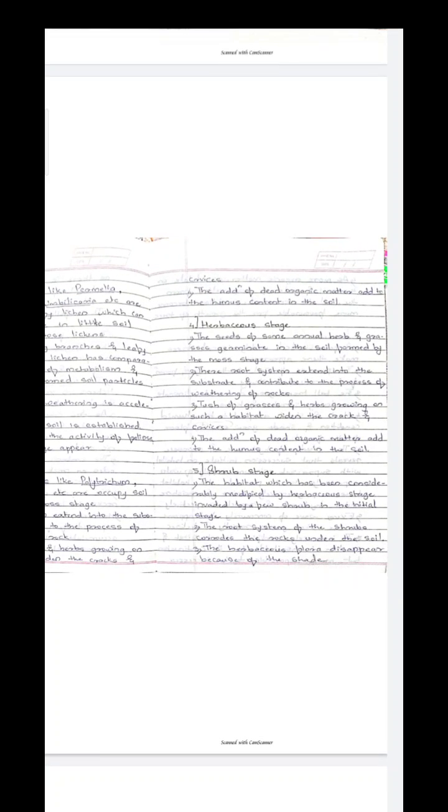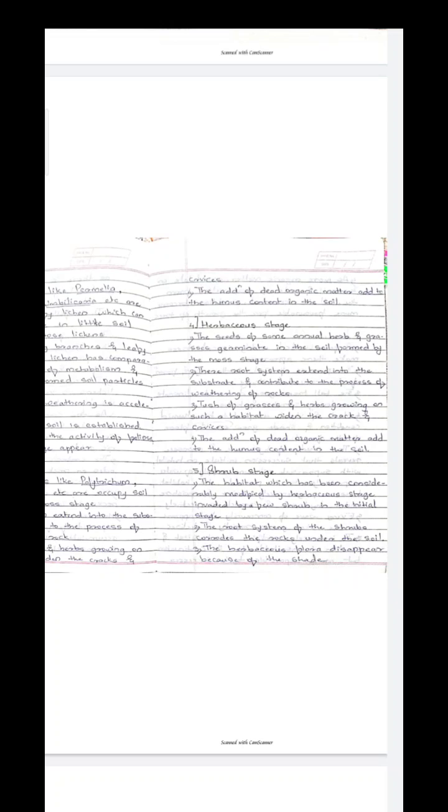These herbaceous plants, such as grasses and herbs, help in cracking the rocks, and they form crevices in the rocks. So ultimately the dead organic materials and humus content will be rich in this soil.